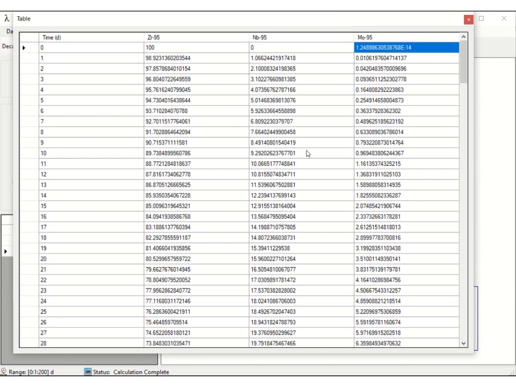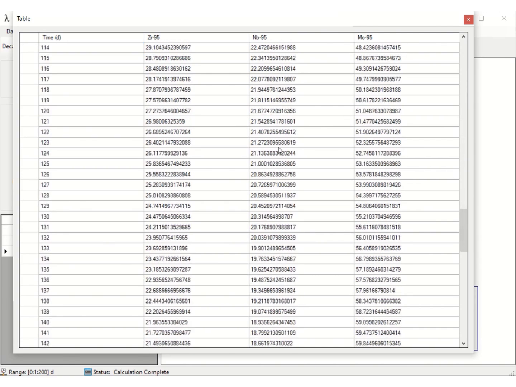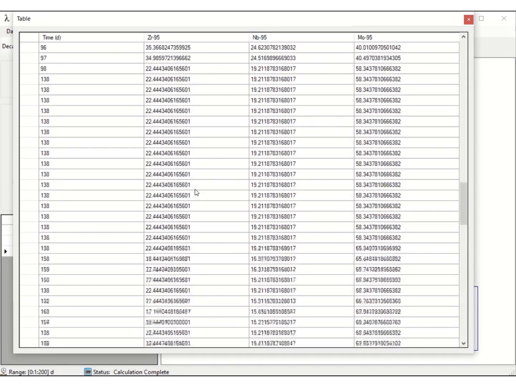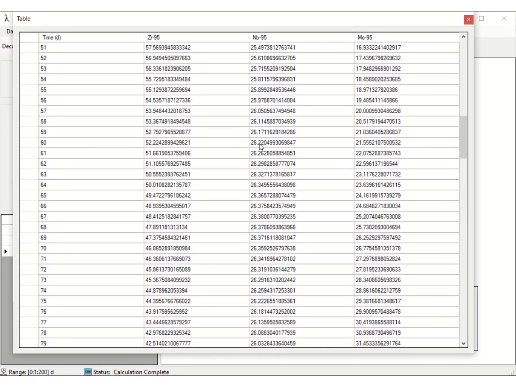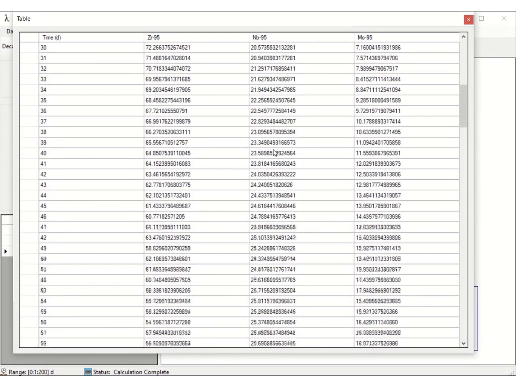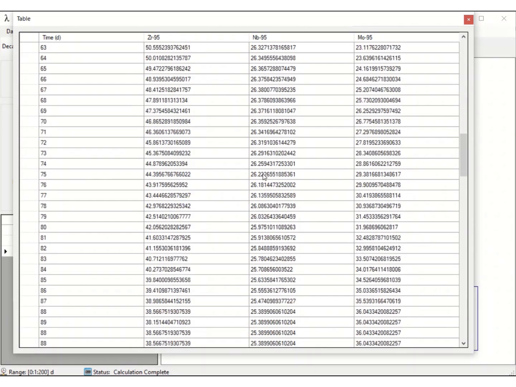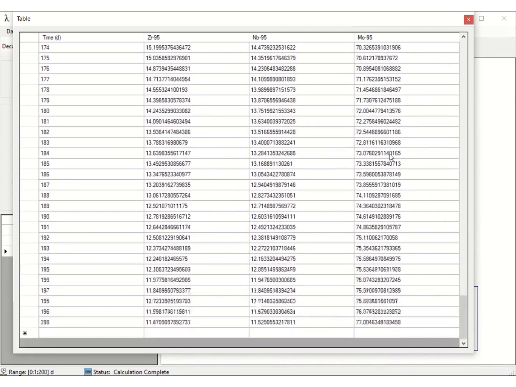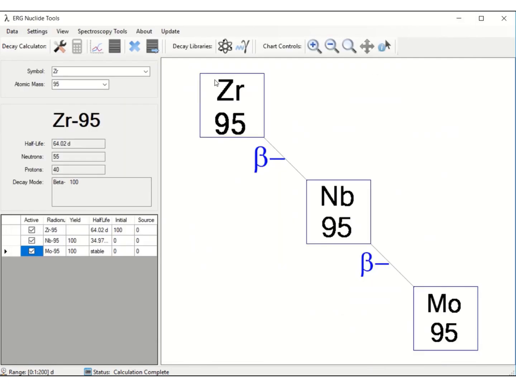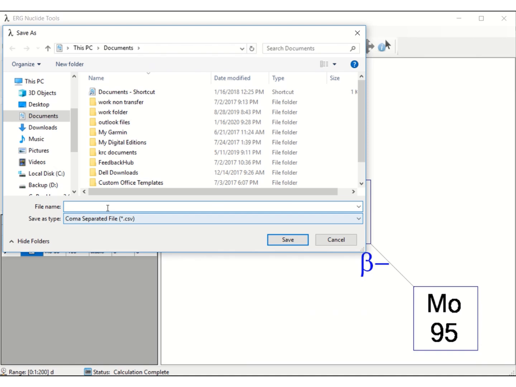Obviously, this value should be 0, but we go through and we can see that zirconium does nothing but decrease. Niobium goes up, reaches a maximum, then starts decreasing, and molybdenum just increases. It does not decay. And just like the other program, we can export the data.